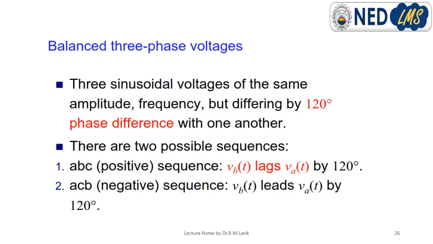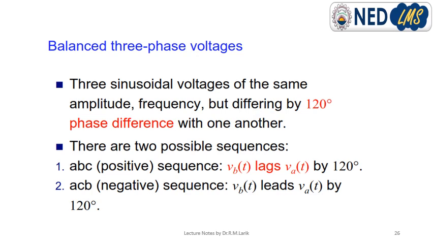Now come towards the phase sequence. What is phase sequence? Phase sequence depends upon the direction of rotation. You know how electricity is generated, as I talked about earlier. When the rotor rotates in a magnetic field, it generates electricity. But the rotation of the rotor is also very important.